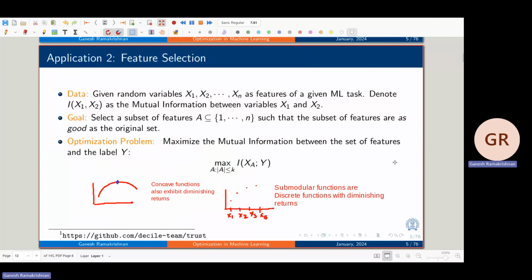Okay. So now it turns out that this function has some nice property, especially if you assume that the random variables are conditionally independent given y. Okay. So how many of you have heard of the naive-Bayes classifier? So naive-Bayes classifier, what does it assume?